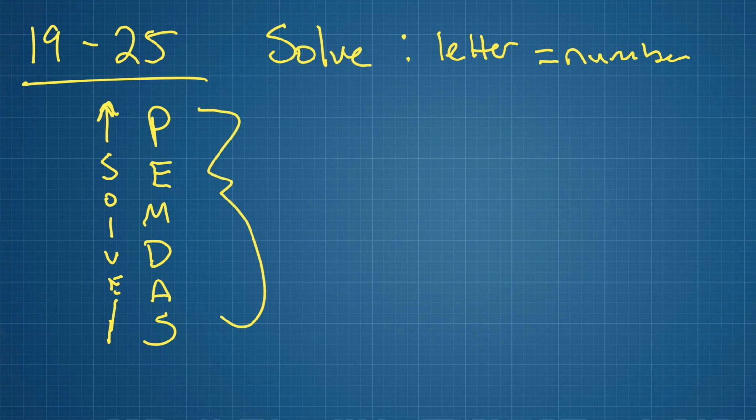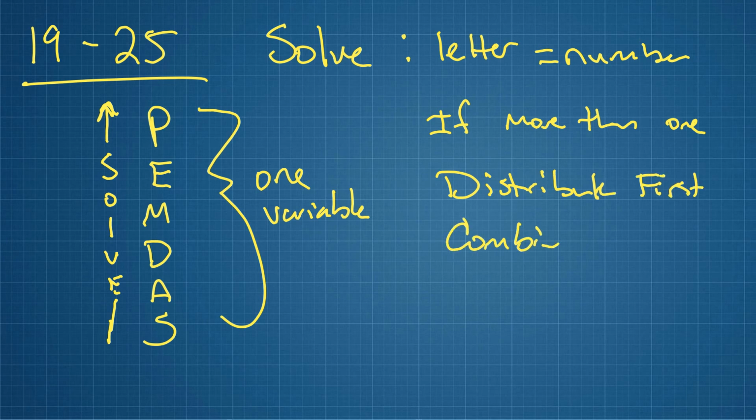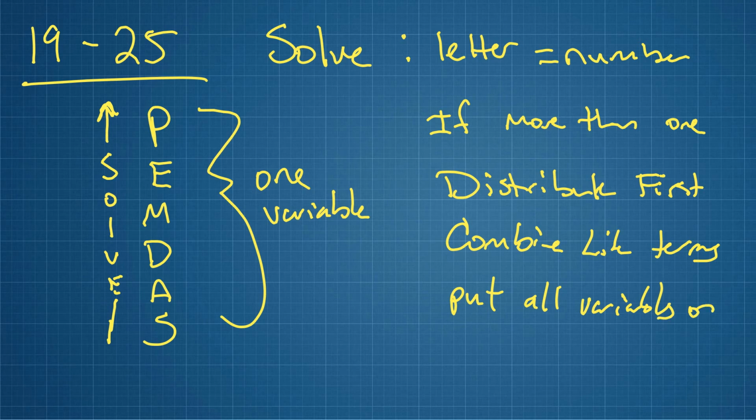Now remember, all this only works if there's one variable. So if there's more than one, you always distribute first. Combine like terms. Put all the x's, all variables, on one side. Okay?